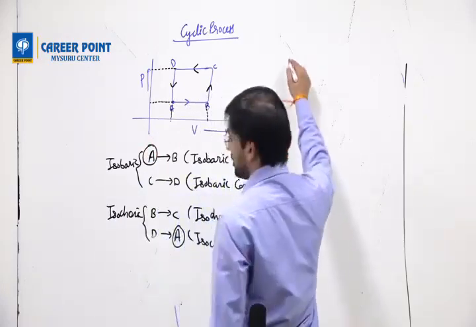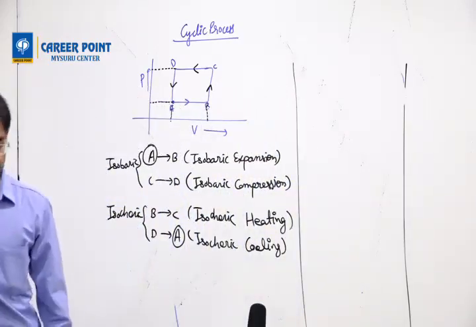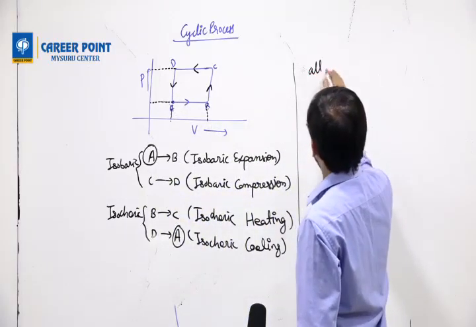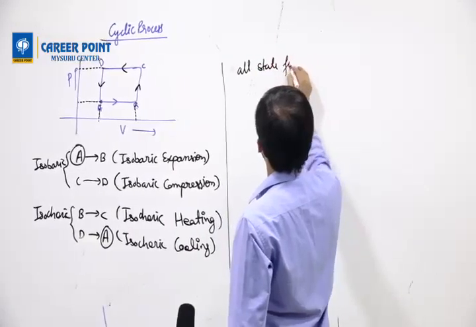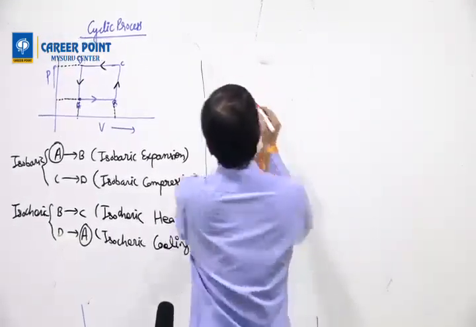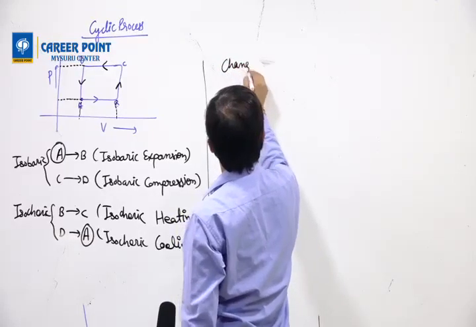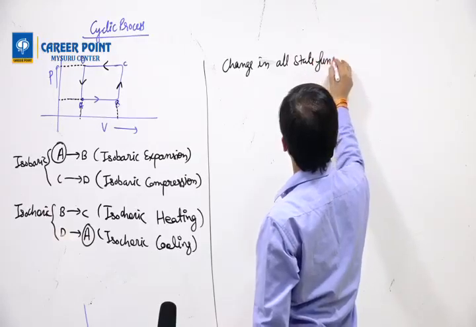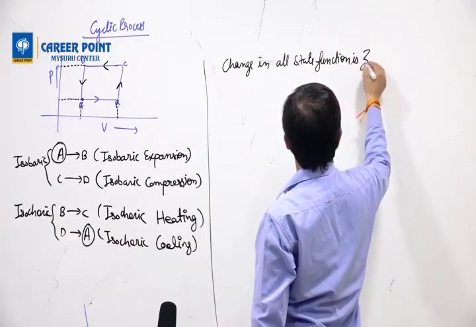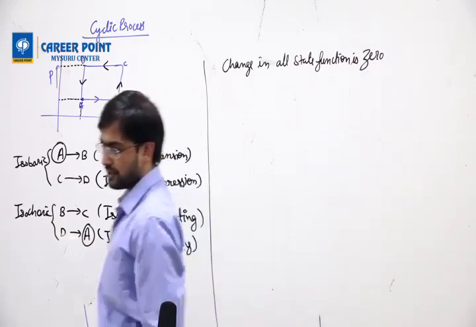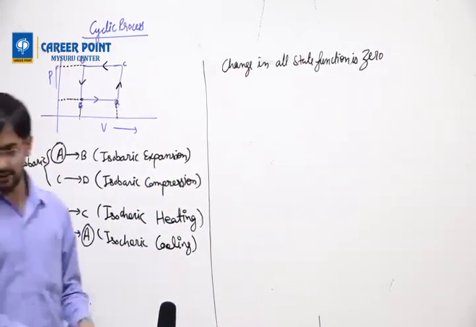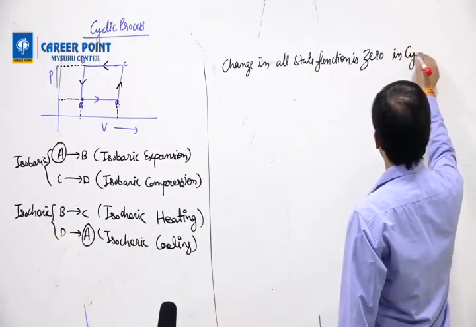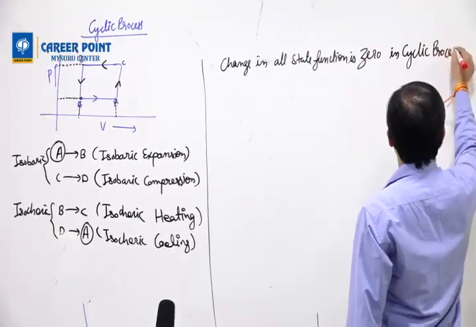Once you have a cyclic process, what is the point here? That all state functions, the change in all state functions, is 0 in a cyclic process.